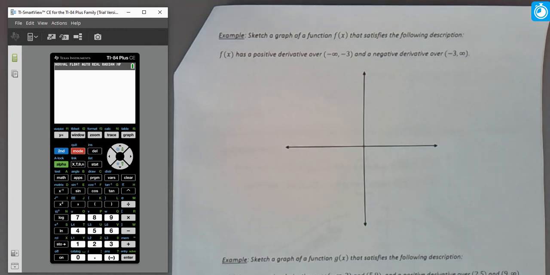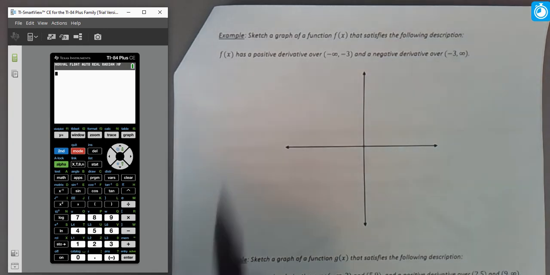So our directions here are to sketch a graph of our function that would satisfy the following description. And one thing I want you to keep in mind is that there will be a variety of answers to a problem like this. There are a variety of graphs that would fit these requirements, but they just have to meet the requirements based on what we're specifying about the derivative.